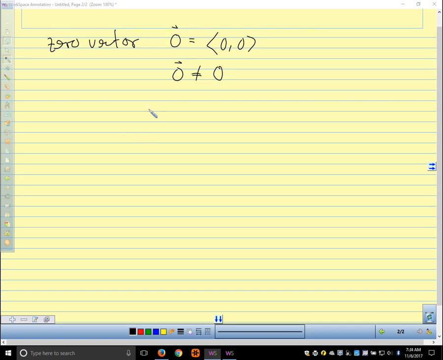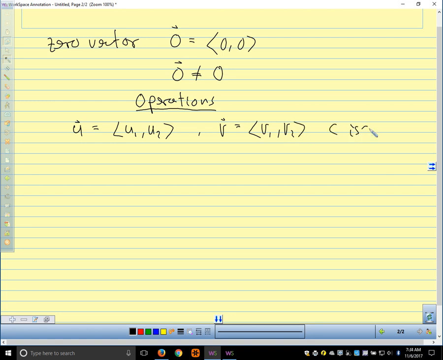All right, operations. What we're going to start with is basic operations, adding and subtracting. If u is the vector in component form u1, u2, and v is the vector v1, v2, and c is a scalar.